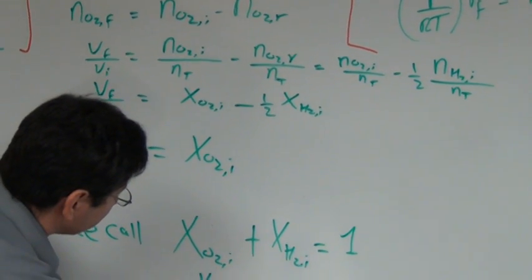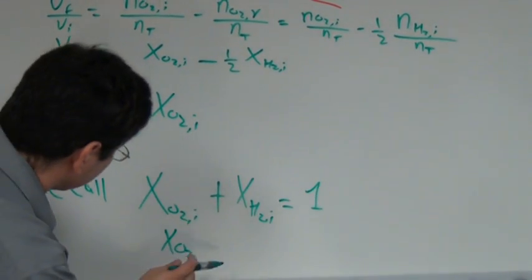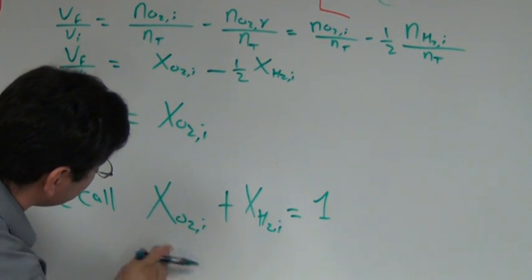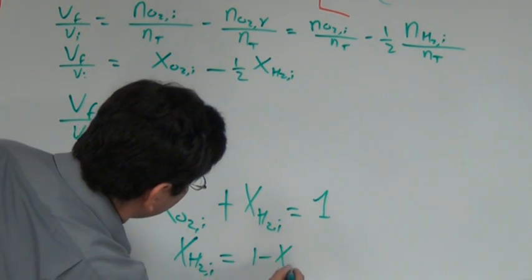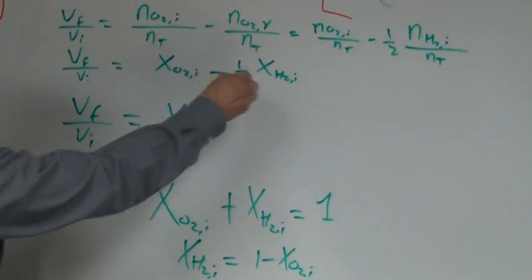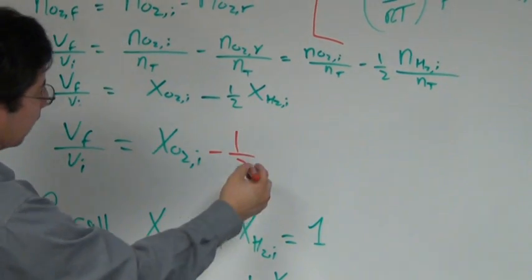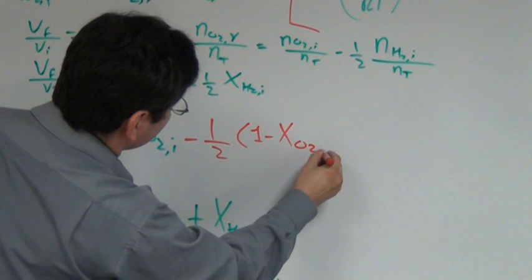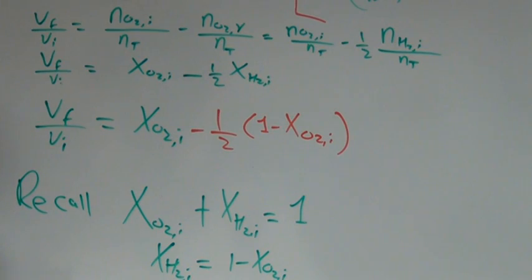Therefore, I can express the mole fraction of oxygen, or the hydrogen if you wish. Let's say hydrogen, either one. Hydrogen is equal to 1 minus the mole fraction of oxygen. Right? So then this portion of the problem will be 1/2 times 1 minus the mole fraction of O2 initial. Right? Okay.